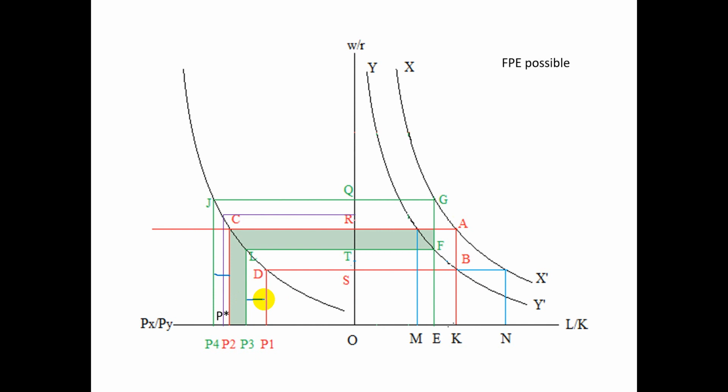So if it lies in the overlapping zone, then factor price equalization theorem will be possible. But there is no guarantee that it will always be lying in this overlapping zone. So the post-trade equilibrium price may very well lie in the zone P2, P4 or it may lie in the zone P1, P3.